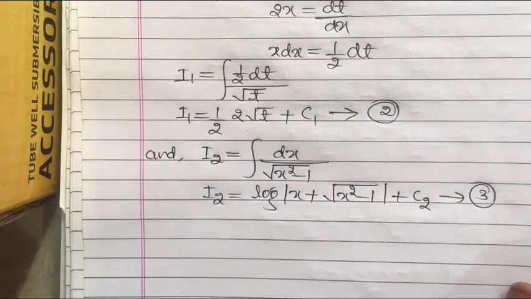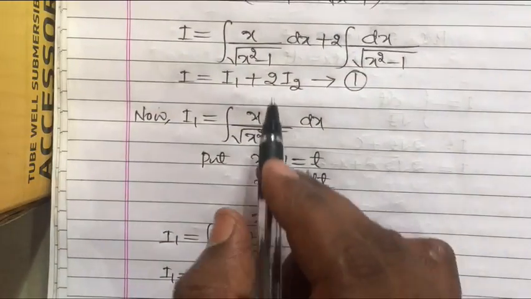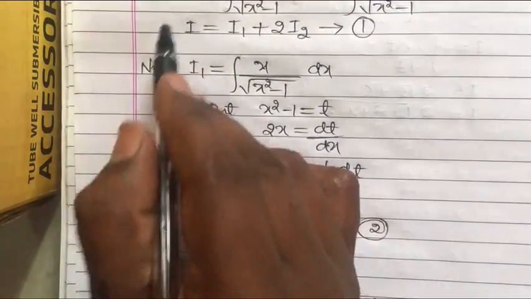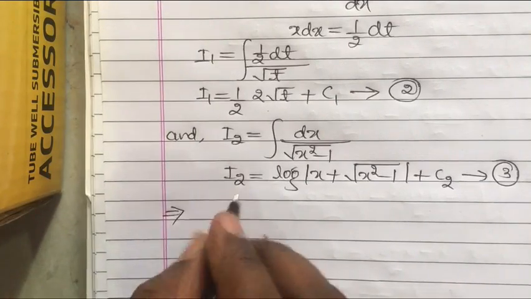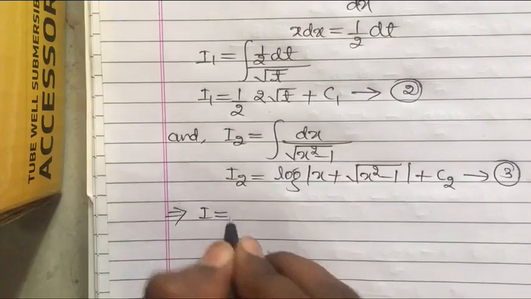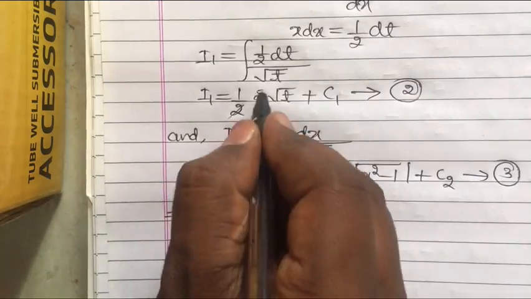Now put 2 and 3 in equation number 1 so that we get the value of I. Therefore I is equal to I1, that is here 2 and 2 get cancelled.